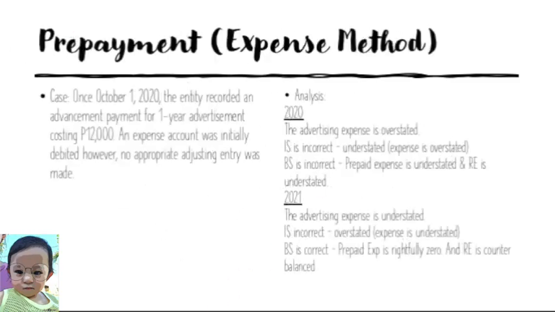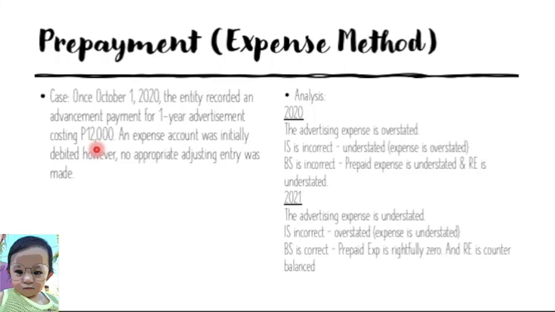Now, the thing here with prepayment, okay, it is counterbalanced because effectively, these prepayments will eventually be transferred to expense. This 12,000 will eventually transfer to expense. So if you correctly had the adjusting entry, the asset recognized, meaning the unexpired portion, will still be transferred to expense next year.